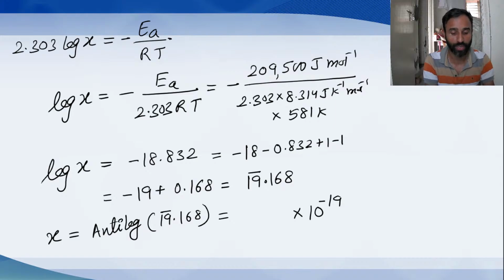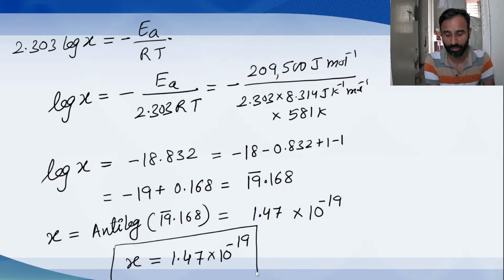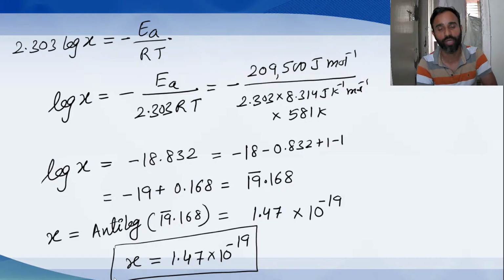It is 1.47 into 10 raised to power minus 19. So this is the fraction of molecules having energy equal to or greater than EA.